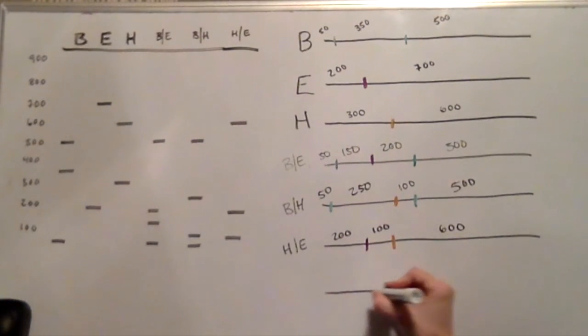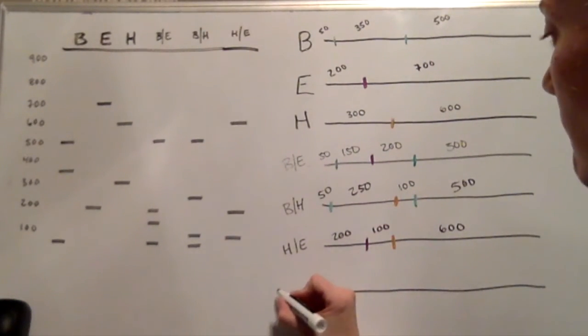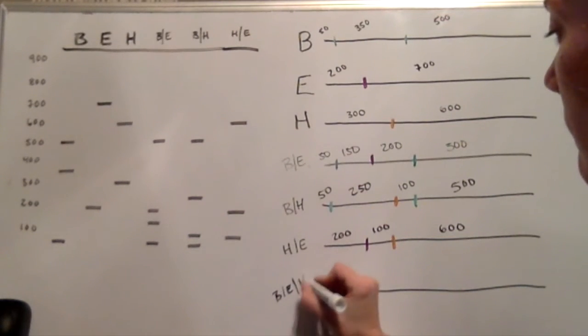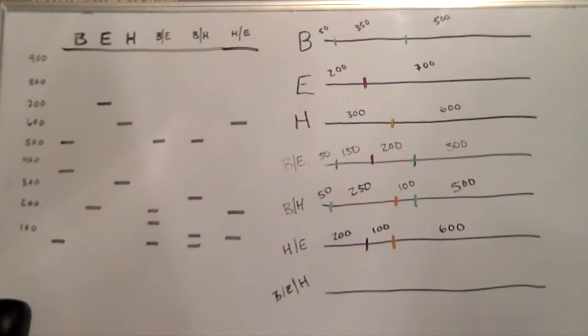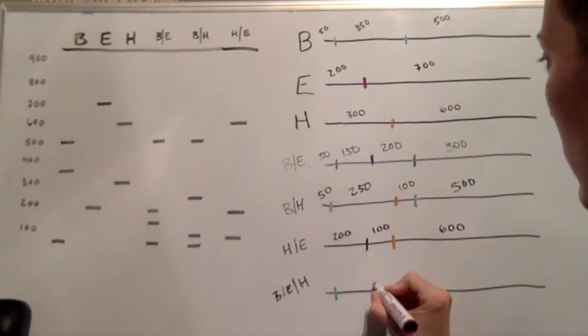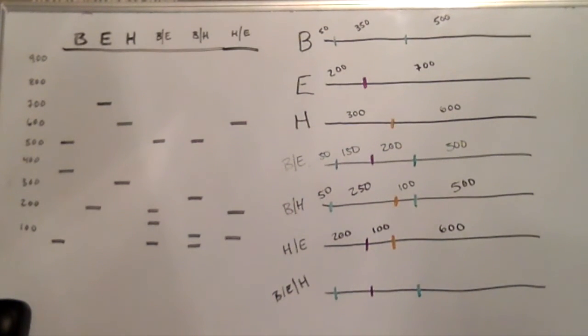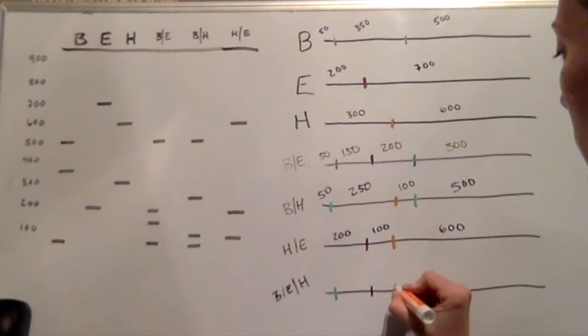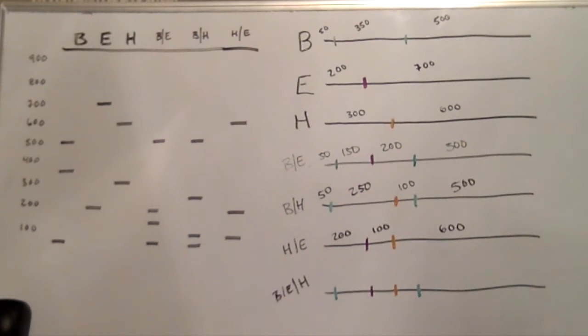Okay, so the final step is to bring all three of the restriction enzymes together. So we're going to make a new map that combines them all. And first I'm going to, in green, put the BAM marks. Then I'm going to add the ECO mark there in purple, and the HIND mark there in orange. And then I'm going to see what these fragment sizes would be.